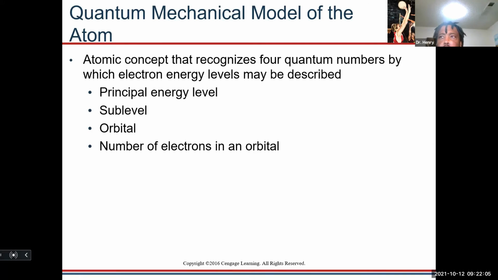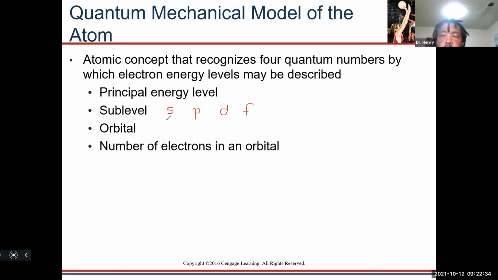So what you're going to need to know is the principal energy level, right? So those periods. You're going to need to know the sublevels. So the sublevels, we're going to call them S, there's going to be a P, there's going to be a D, and there's going to be an F. Now, orbits, right, are orbitals.